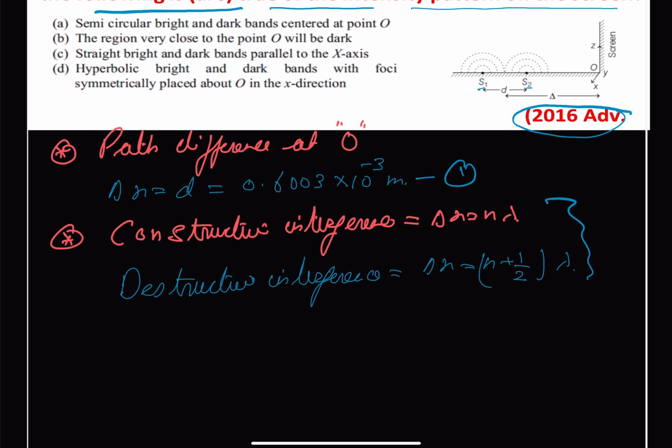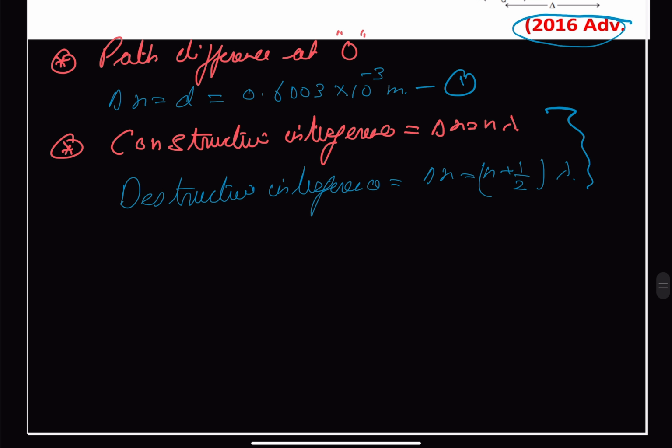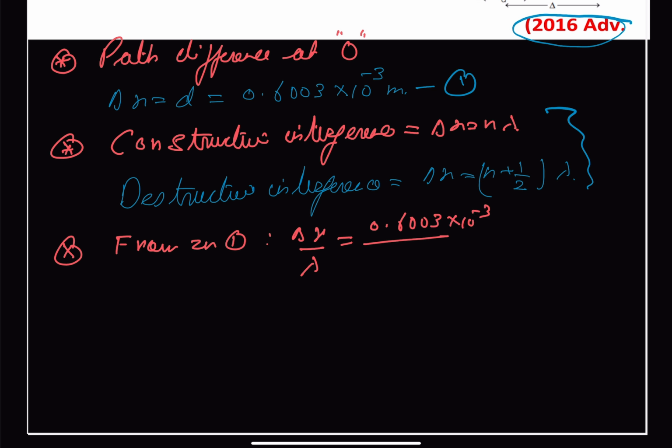In terms of either of these two, first of all, we are going to divide it by lambda. So from equation 1, we get delta x upon lambda is equal to 0.6003 into 10 to the power minus 3, and lambda is 600 nanometer, 10 to the power minus 9, and this comes out as 1000.5.